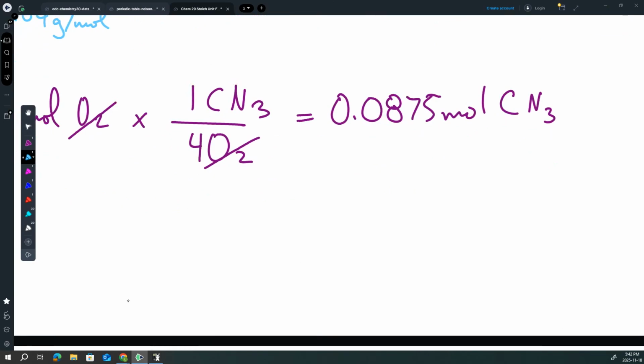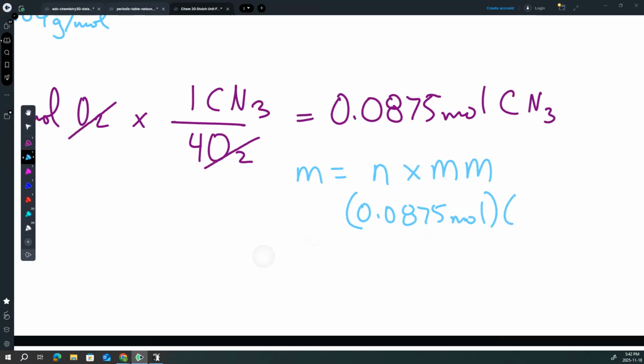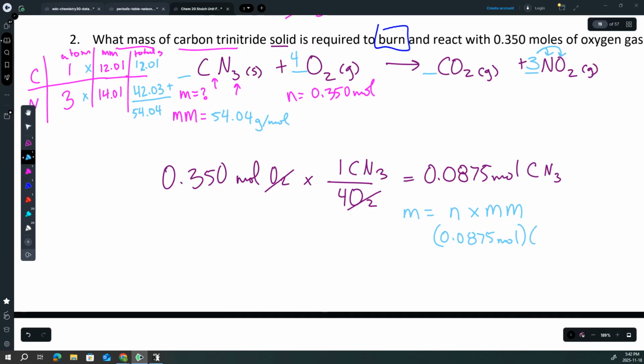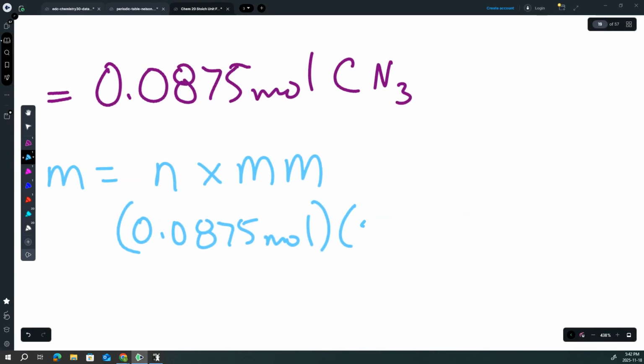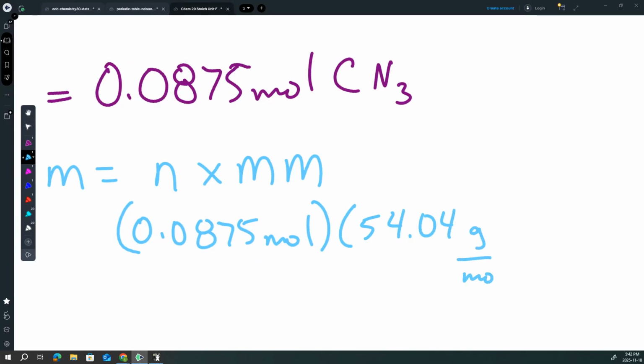So now that we have our moles, we need to figure out our mass. So mass is equal to moles times molar mass. Our moles is 0.0875. Molar mass, that's 54.04, and that's grams per mole.